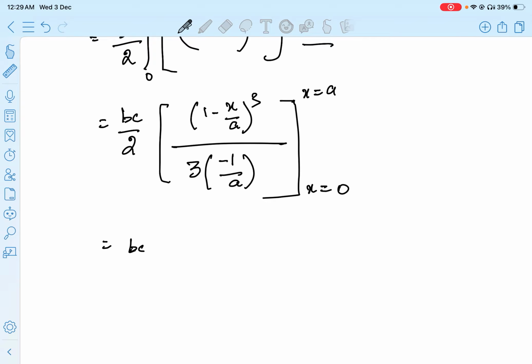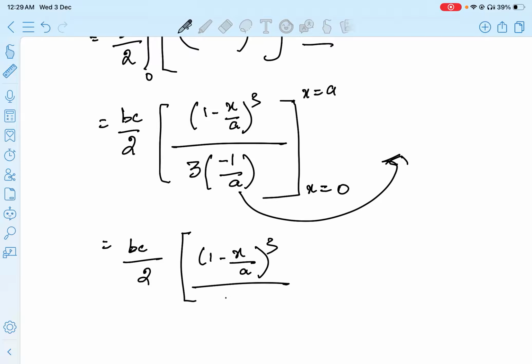So bc by 2. This is in the 1 by a form, so we can take this; it will become reciprocal. So 1 minus x by a the whole cube by minus 3, and this a can be written here as minus a, right?